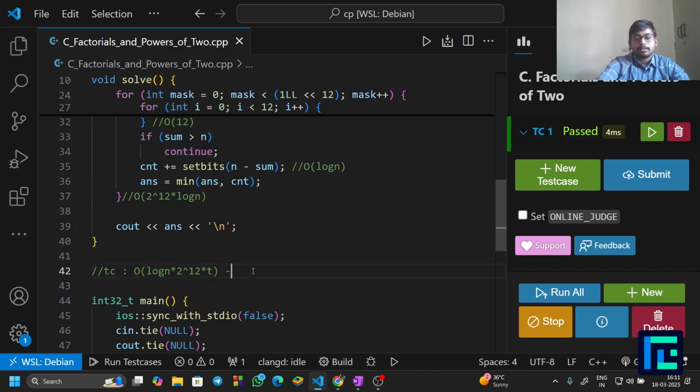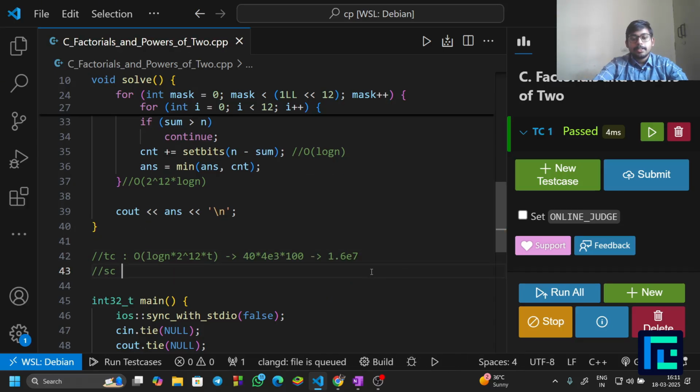Log n is approximately 40 for the given n, 2 to the power 12 is approximately 4000, and the number of test cases is about 100. So this is about 16 million, so this would be well accepted.